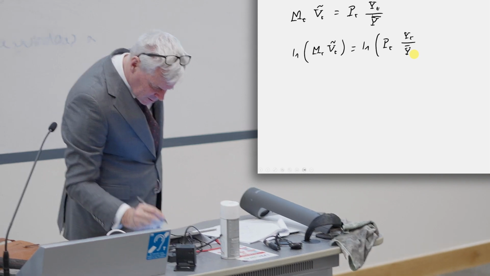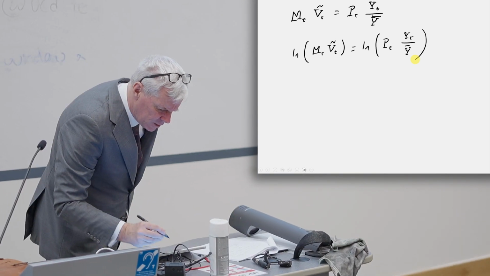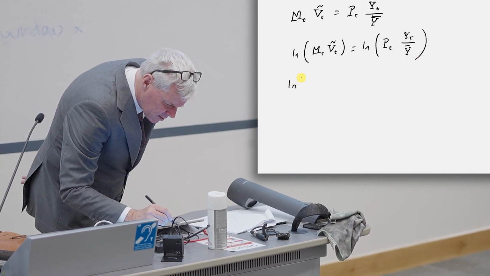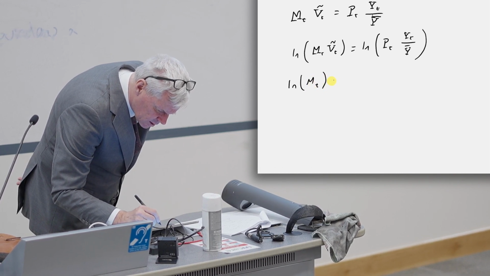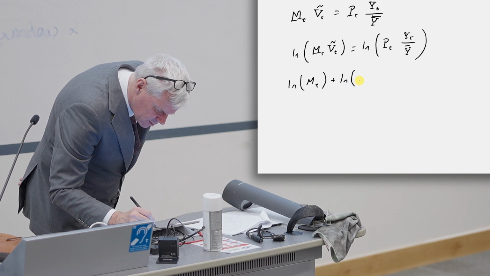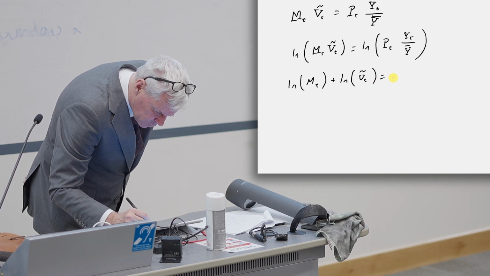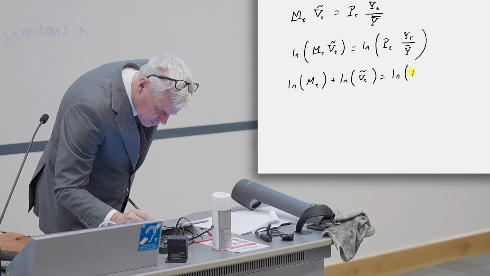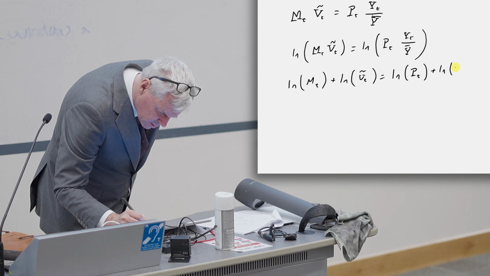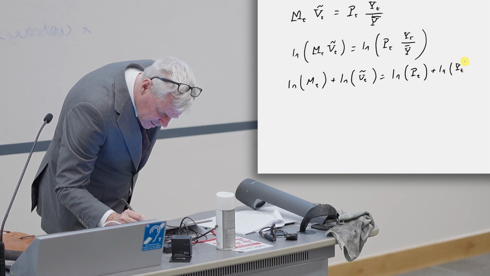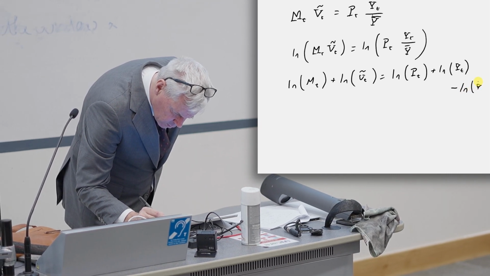And just to slow it down, because people aren't comfortable with logs yet, let me do it in steps. This is going to be ln of capital M_t plus ln of capital V_t tilde is equal to ln capital P_t plus ln capital Y_t minus ln of Y bar.